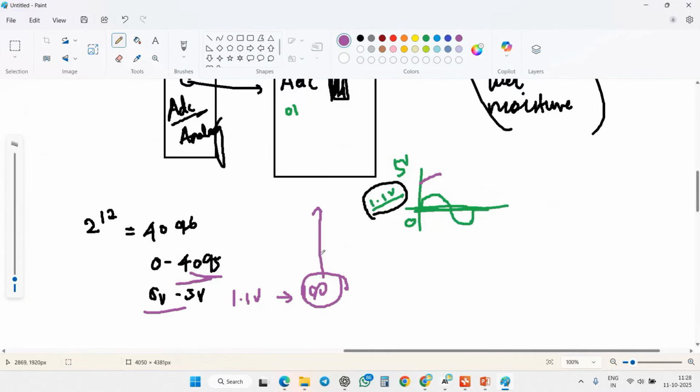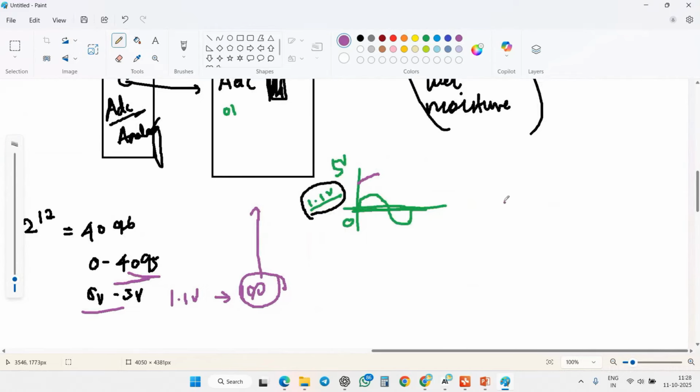So I understood this concept. What I'm going to do is simply split this range. If the microcontroller gives a value of 0 to 1000, my soil is too dry.